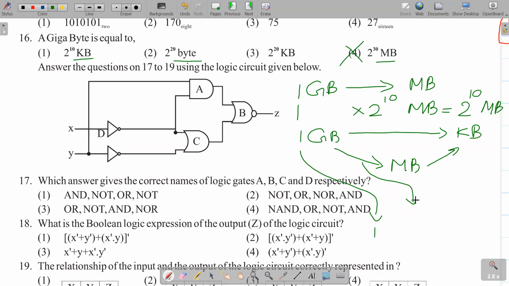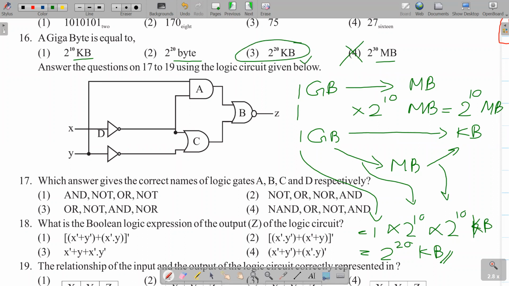For this conversion, you need 2 to the power 10. For this conversion, you can take another 2 to the power 10. So in kilobytes, you have 2 to the power 20 kilobytes. Right, so this is going to be the correct answer, right?